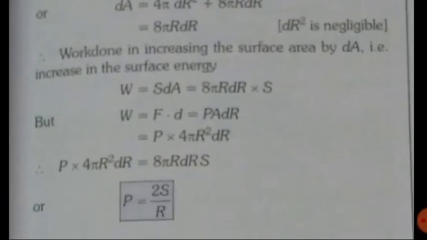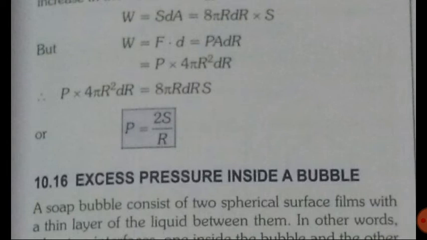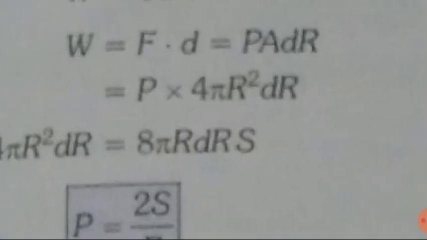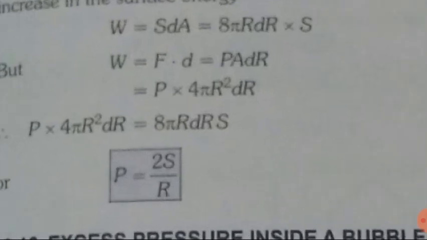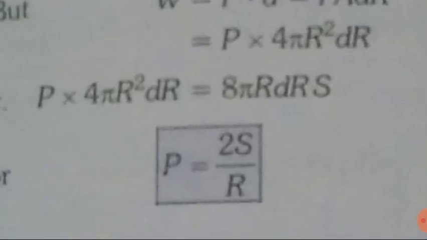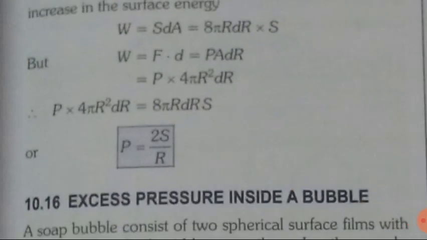Then in terms of work done by pressure, we have another equation for work, that is W equals P into 4 pi r square dr. Both equations are of work only, so we equated them. Whatever quantities cancelled, we cancelled, and after rearranging, we have P equals 2S upon R. This is the formula for excess pressure inside the liquid drop.